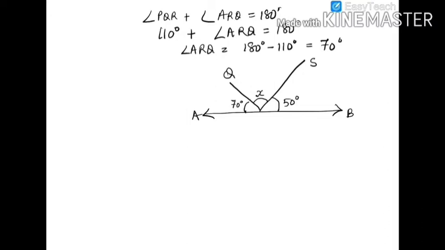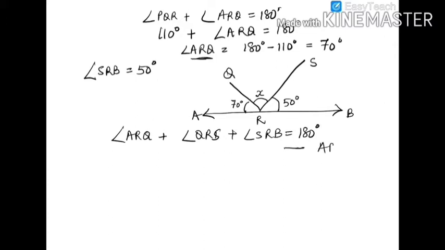I have drawn part of the same figure over here for your reference. We have found angle ARQ as 70 and angle SRB as 50 degrees. Now these three angles, ARQ and QRS and SRB, lie on a straight line, so their sum should be equal to 180 degrees.